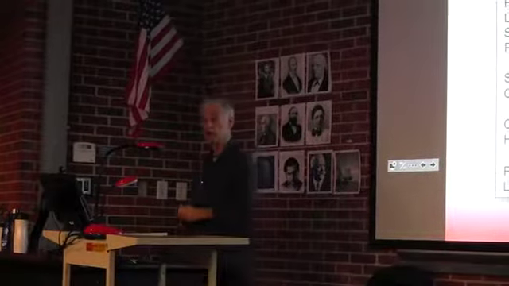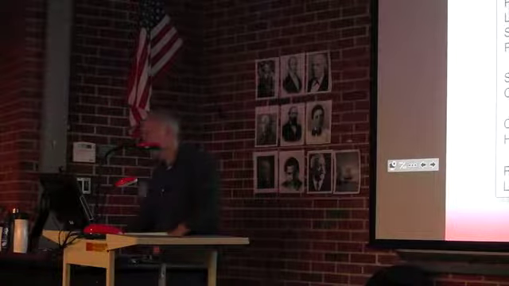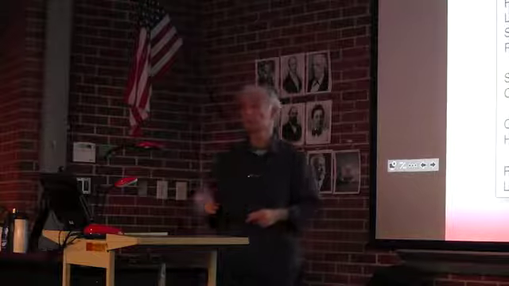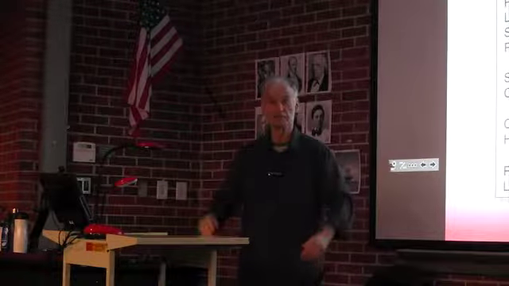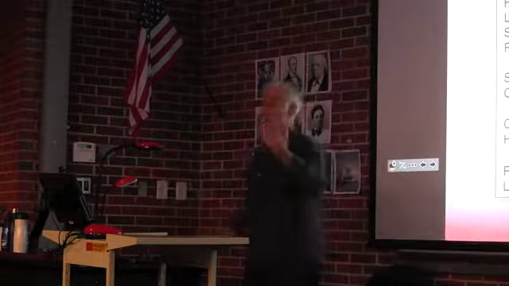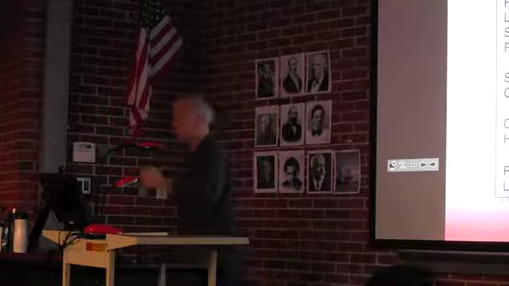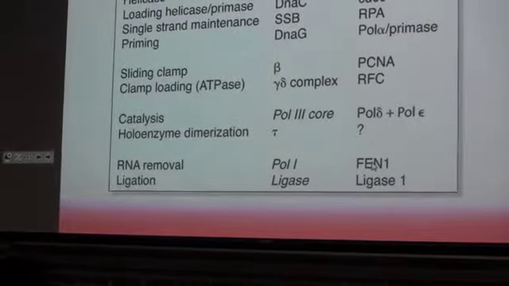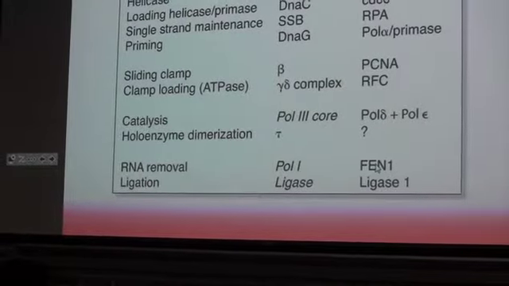Pol 1, by nick translation, removes the RNA primer in the lagging strand. In eukaryotes, there is no 5' to 3' nick translation on any enzymes. Even in bacteria, it's only on one enzyme, DNA Pol 1. So a slightly different mechanism is in place involving an exonuclease called Fen1.